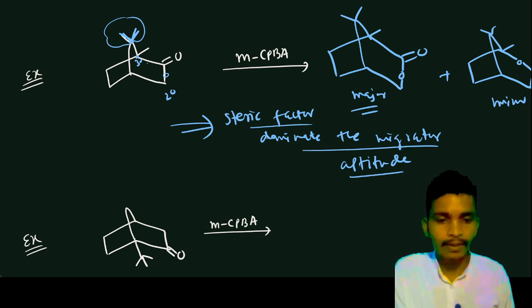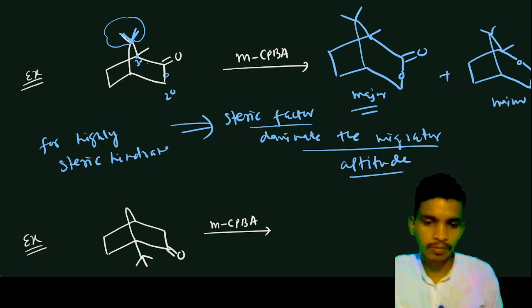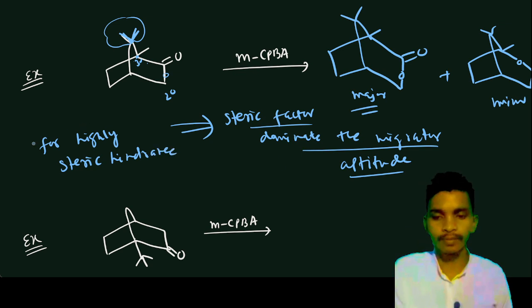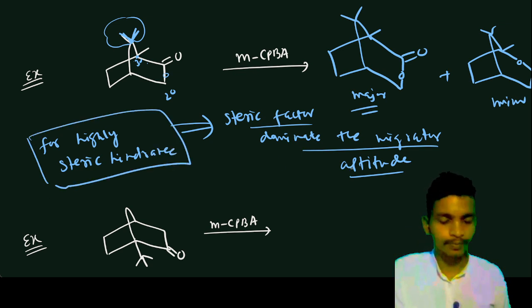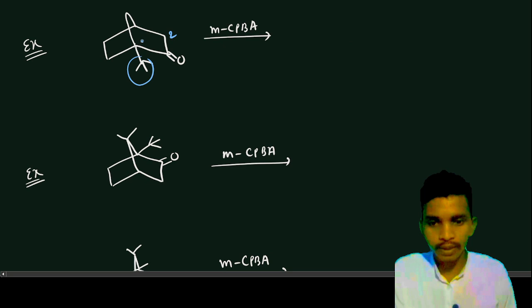If there is high steric hindrance, then the steric factor dominates. Okay, likewise here we see that this is highly sterically hindered, although this is 2-degree and that is 3-degree, the steric factor is there, so O will be added to this one.